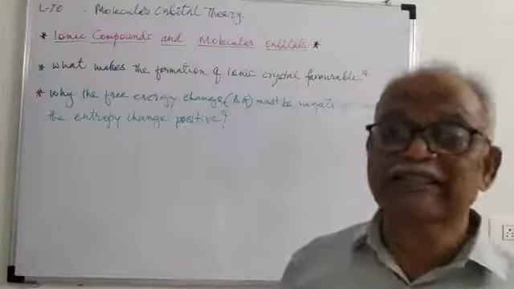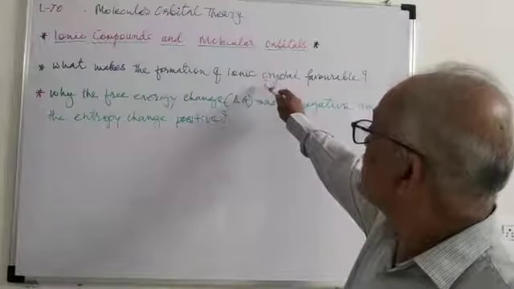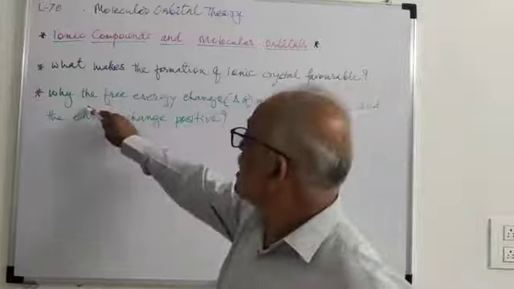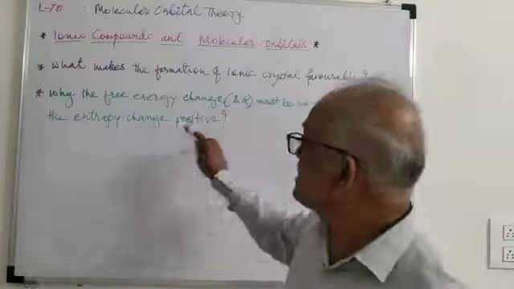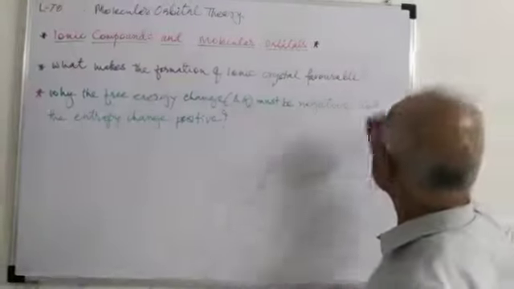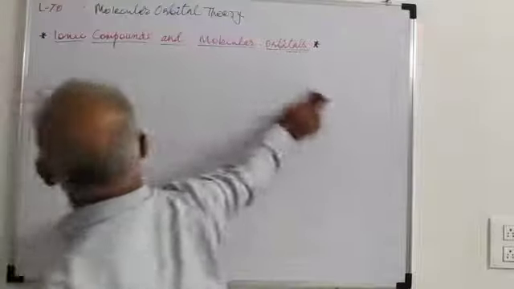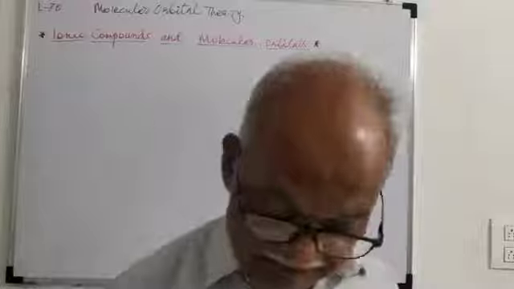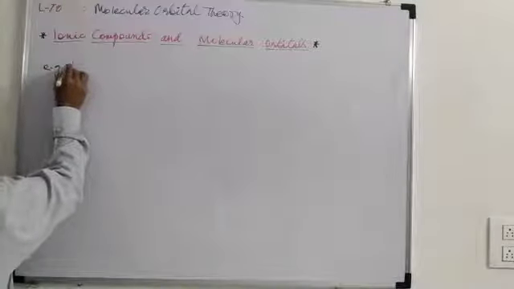What are the conditions required for favoring the formation of an ionic crystal, and why the free energy change must be negative and the entropy change must be positive for the formation of these ionic compounds. We will take the simple example of lithium fluoride.